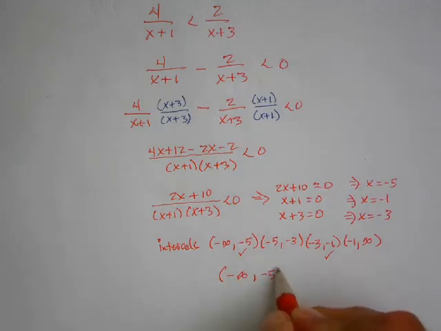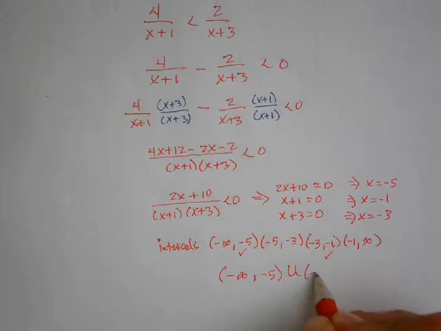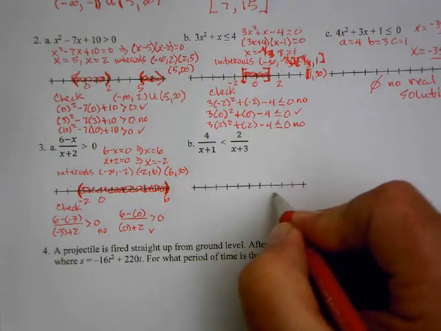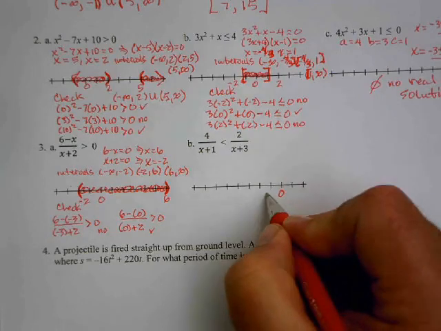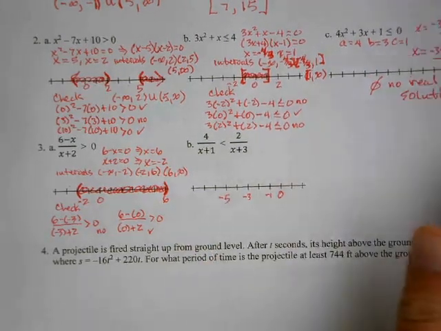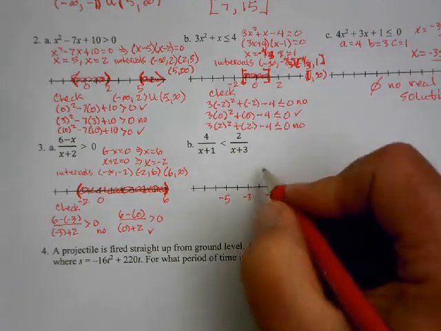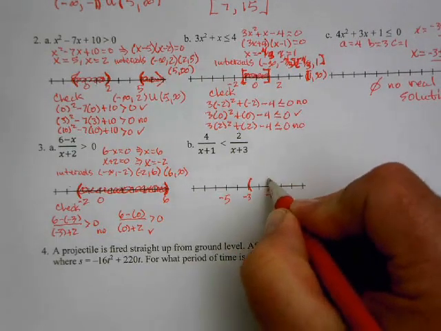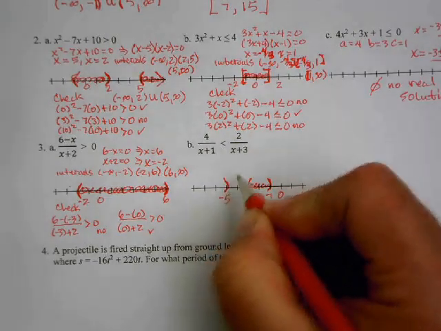And in terms of the graph, put, say, 0 here, so negative 1, negative 3, negative 5. And so we're going to end up with between these two, and then that for the last one.